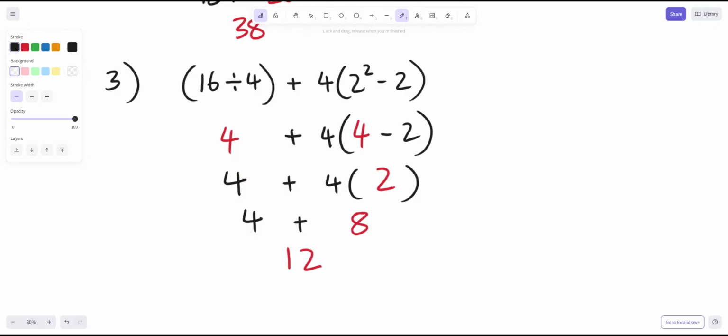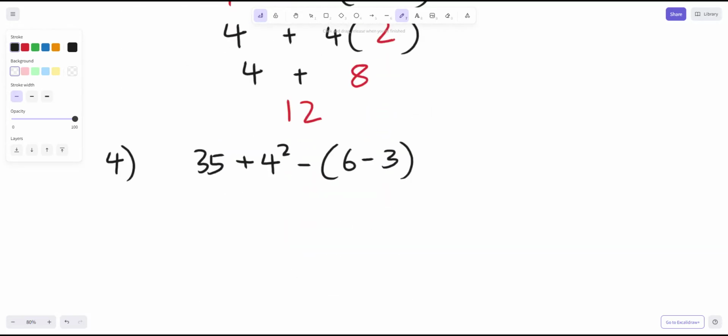And number 4. 35 plus 4 squared minus parentheses 6 minus 3. Okay, here we have inside parentheses first, 6 minus 3 is 3. 35 plus 4 squared minus that.